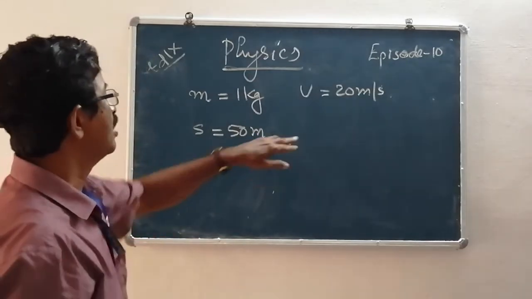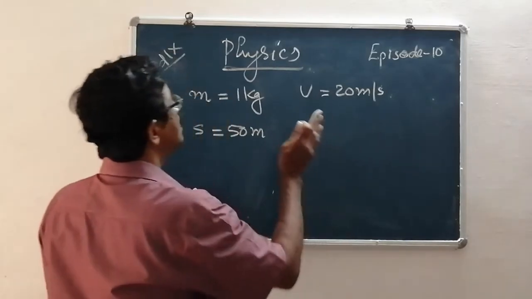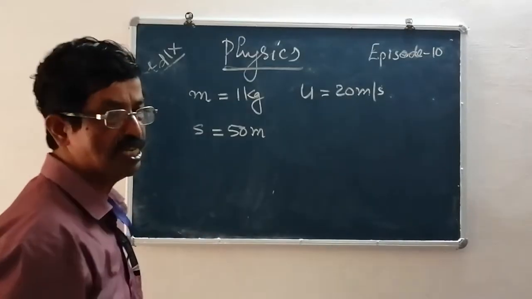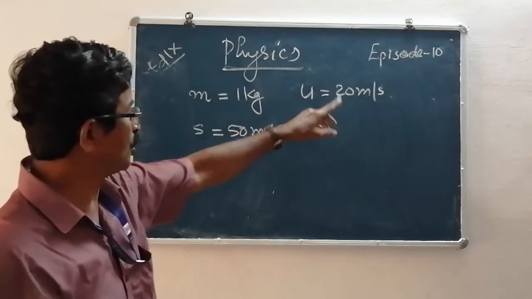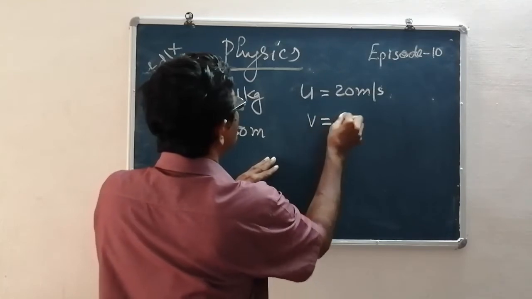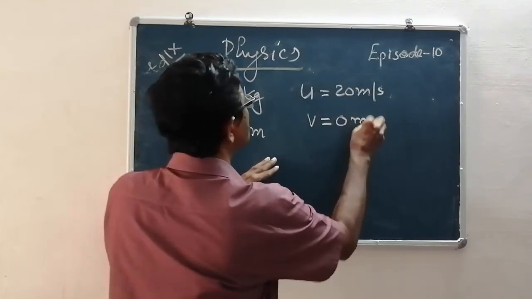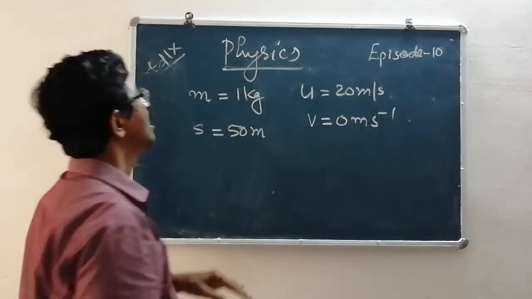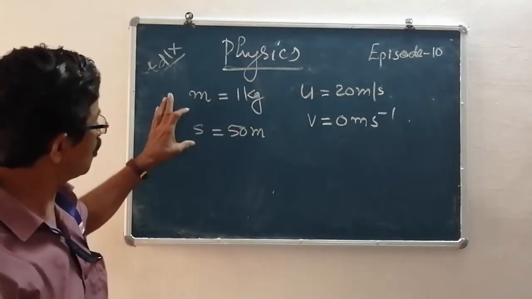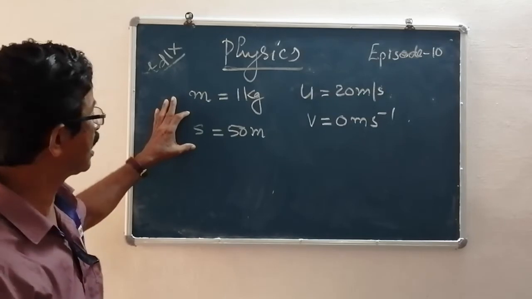The stone is thrown with a velocity that we take as initial velocity u, 20 meters per second, and final velocity v is 0 because the stone comes to rest. First, we want to find the acceleration.